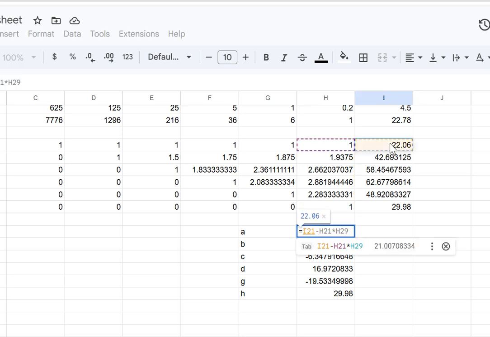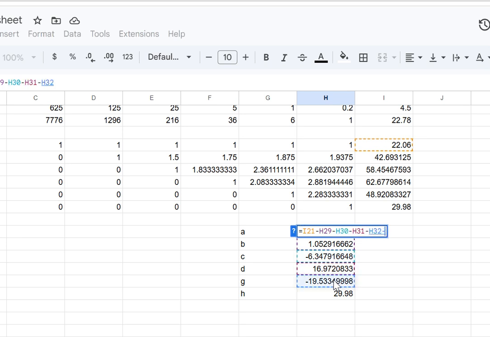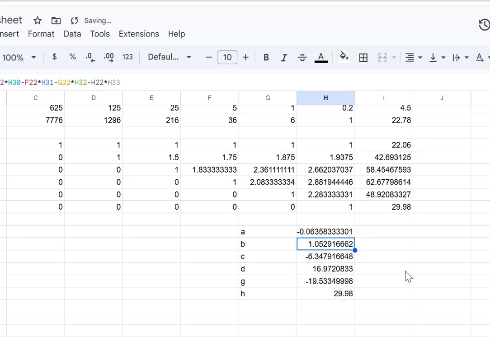So that's just this minus this one minus this one minus this one minus this and this. And you get these are the solutions to the unknown constants.